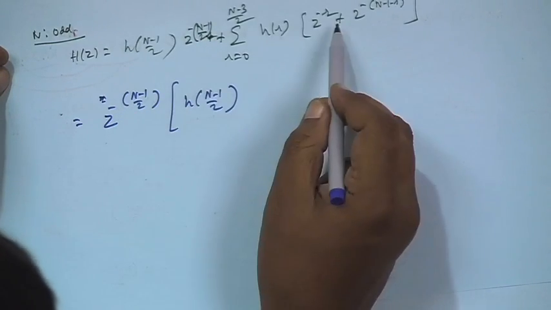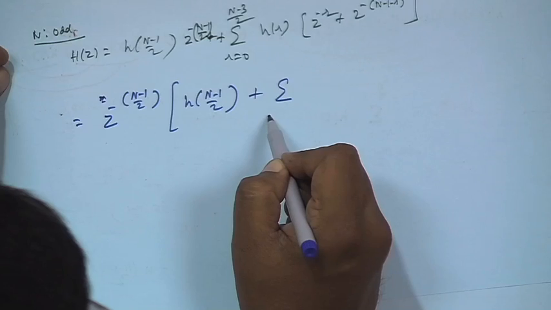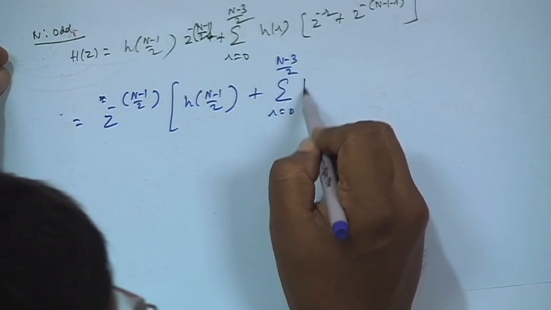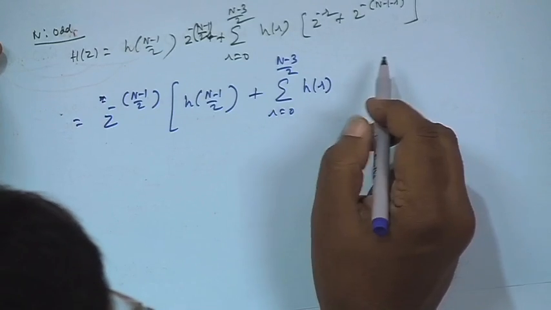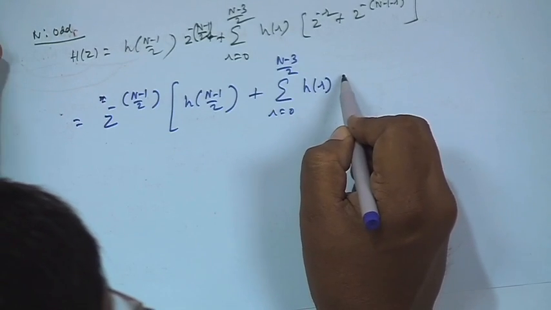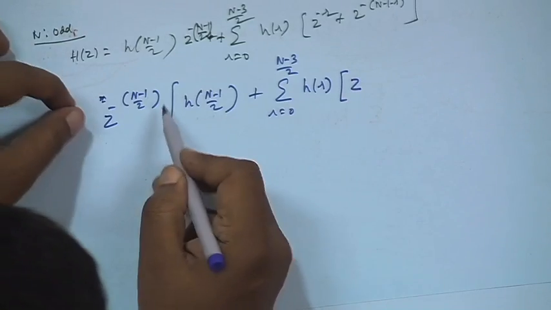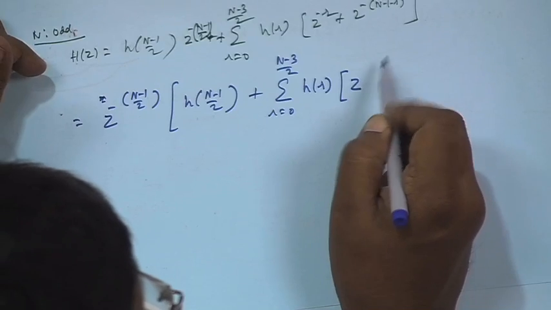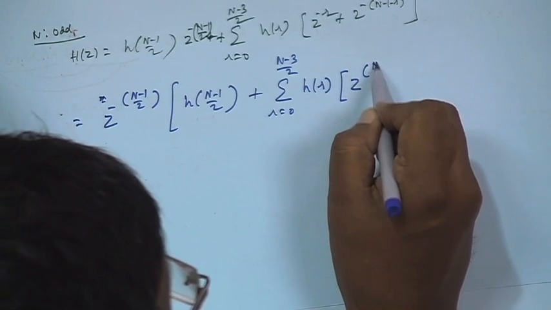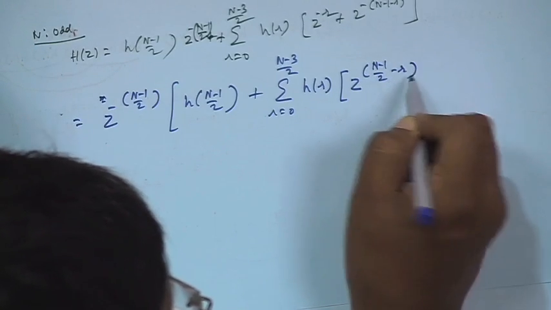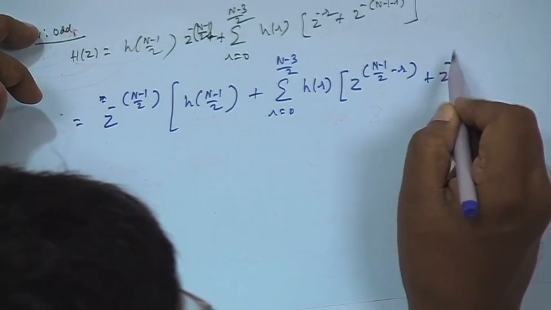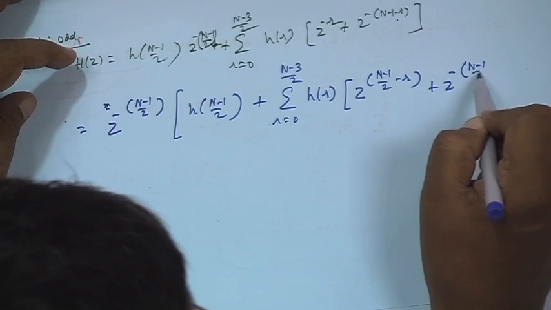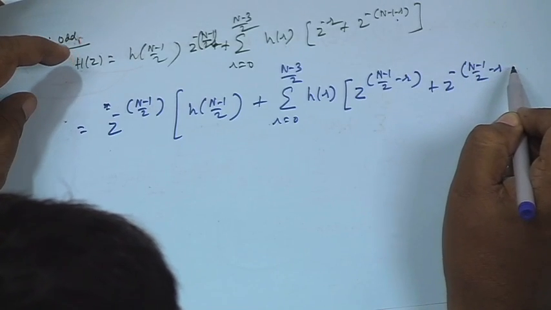I have taken this out, and from here also I take out. Then what happens? This has gone out, so I have to cancel it. So, this will become z to the power plus N minus 1 by 2 here. So, it will be z to the power (N minus 1 by 2 minus r), and here z to the power minus, already N minus 1 was present, out of which N minus 1 by 2 has gone. So, another N minus 1 by 2 will be present, and r.